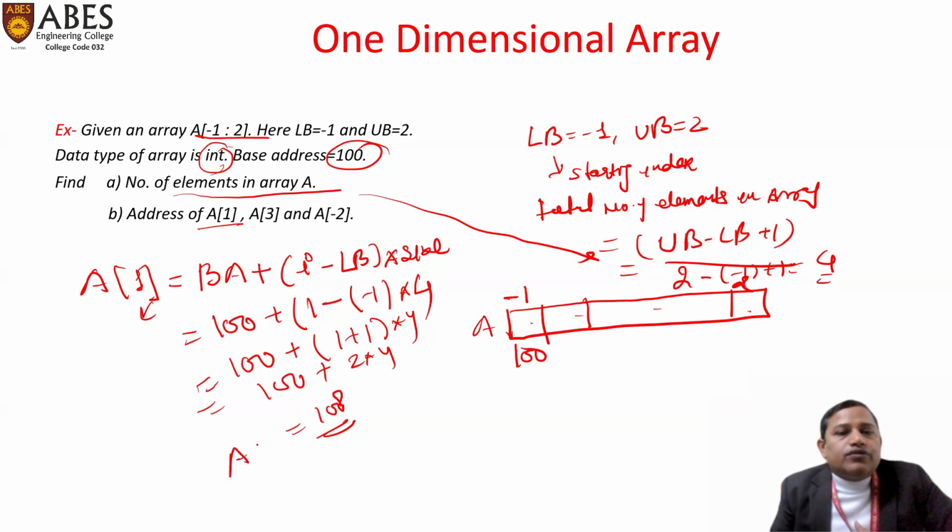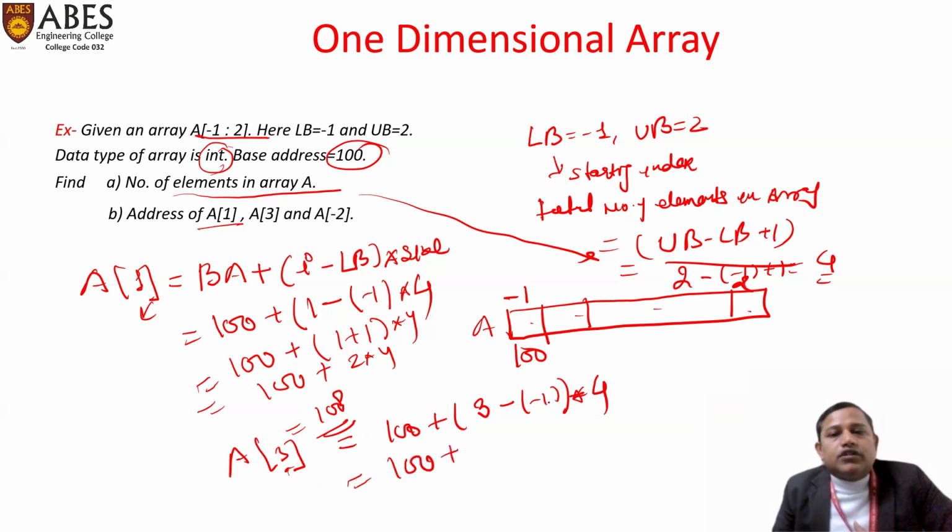Next, to find the address of the third index element, base address is 100 plus index 3 minus starting index -1, multiplied by the size of an element, 4. Then it is 100 plus (3 plus 1), that is 4 into 4, that is 116.